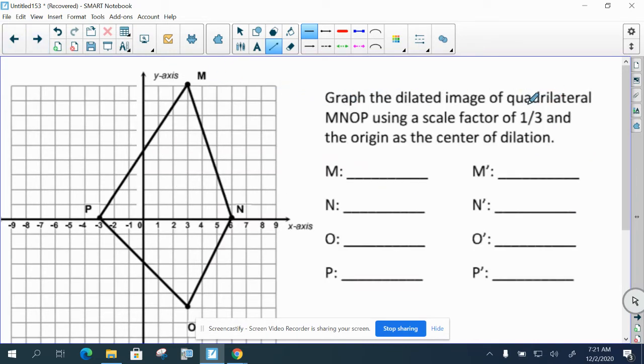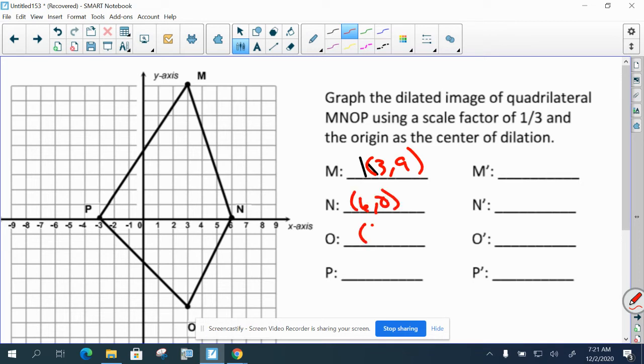So graph the dilated image of quadrilateral MNOP using a scale factor of 1/3 and the origin as the center of dilation. So we get all the coordinates and multiply them all by 1/3. So here this goes up, I think this goes up to 9. So this would be (3, 9). M is (3, 9), N is (6, 0), O is (3, most likely 6), and then P is (-3, 0).